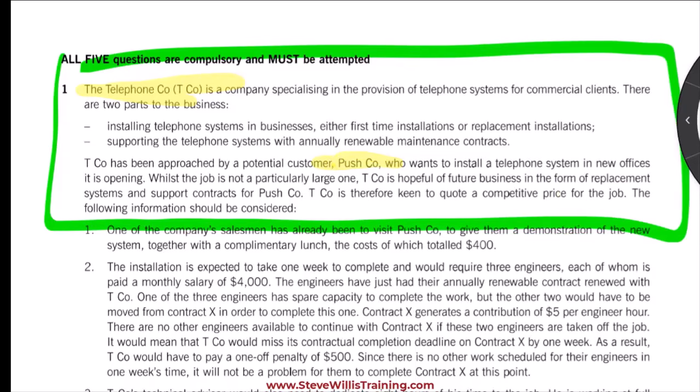The company would like to set a competitive price for this project so they can get more work. In order to set a competitive price, they need to understand their break-even price, which would be the relevant cost of this job. So we will calculate the relevant cost of this project.